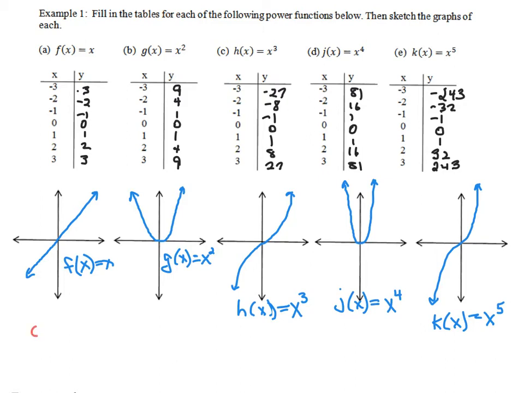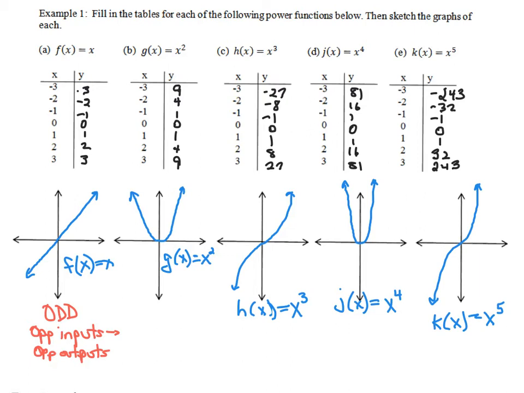So if I have opposite inputs giving me opposite outputs, I know, of course, that this function, f of x, must be an odd function. So going back to our definition of even or odd.